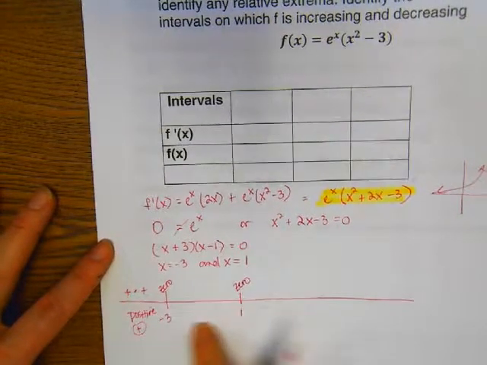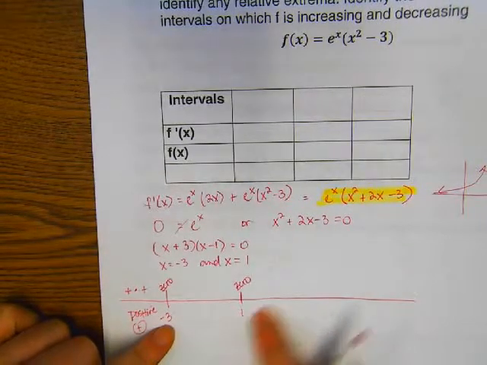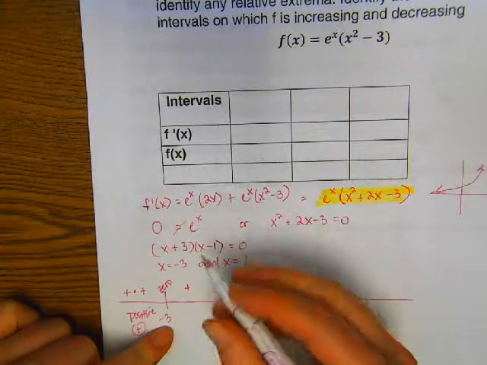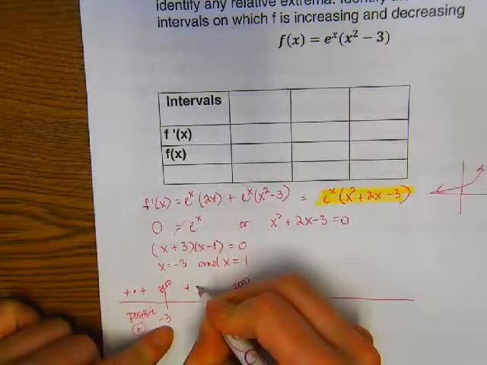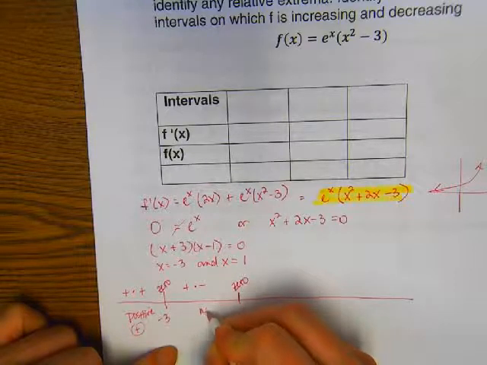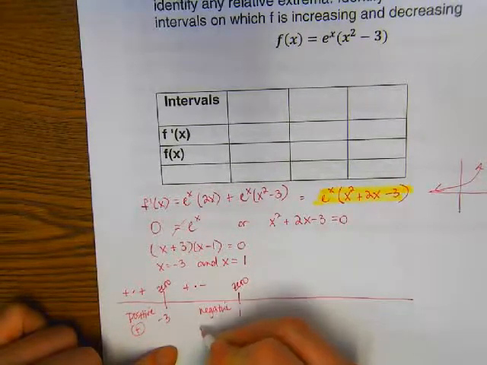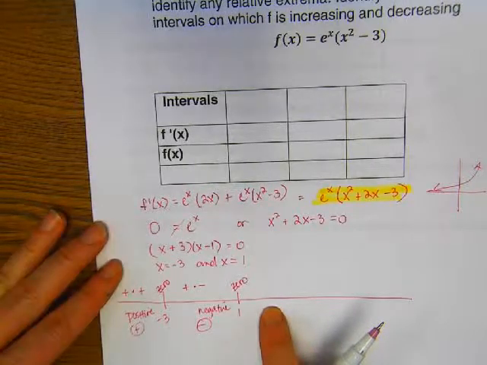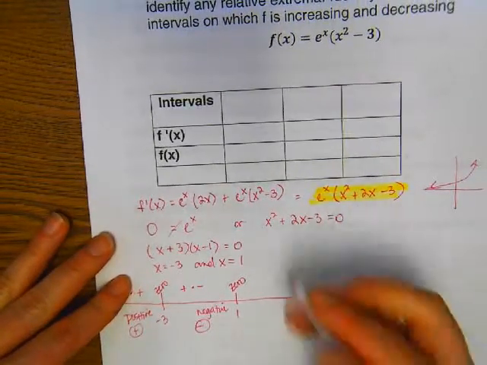Between negative 3 and 1, I like to use 0. E to the 0 is positive. If I put 0 in here, I get a negative number. And positive times a negative number is negative. If I put something to the right of 1 in, like 2, e squared would be a positive number.